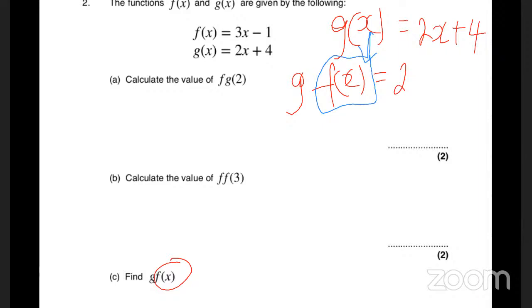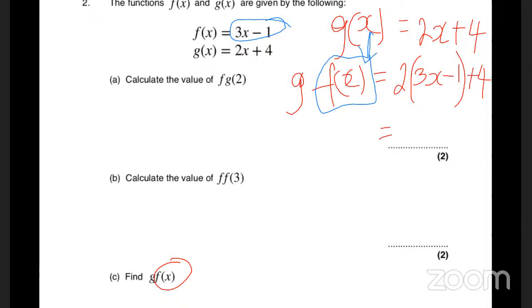So wherever we see x, we put in what f(x) is, and f(x) is 3x - 1. Make sense? No, it makes sense. Moving on. Open bracket, 3x - 1, close bracket, plus 4.